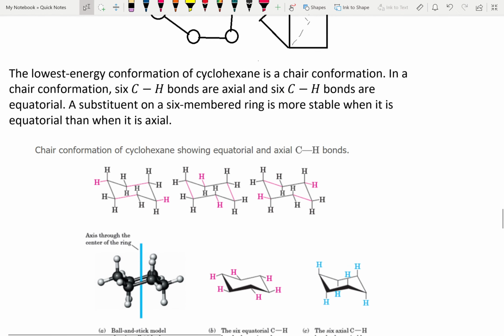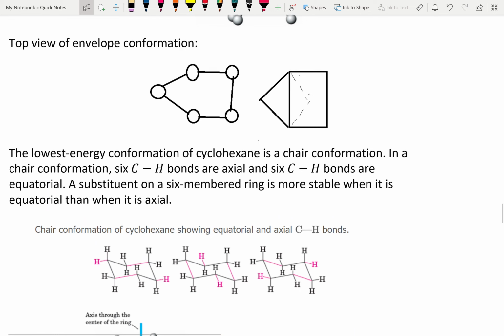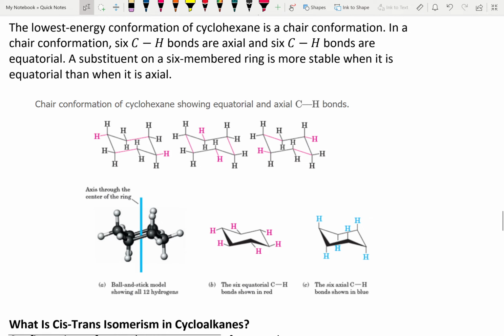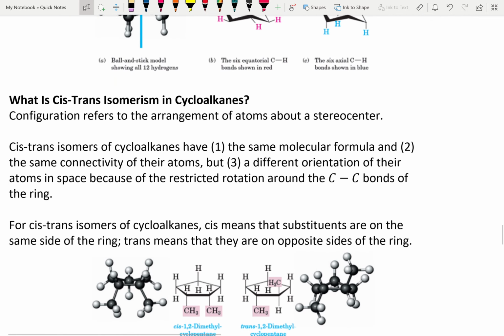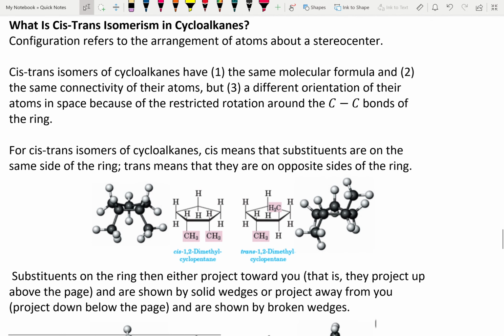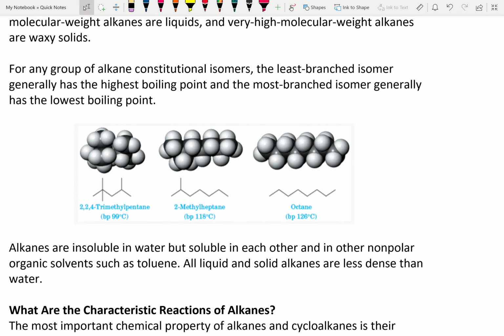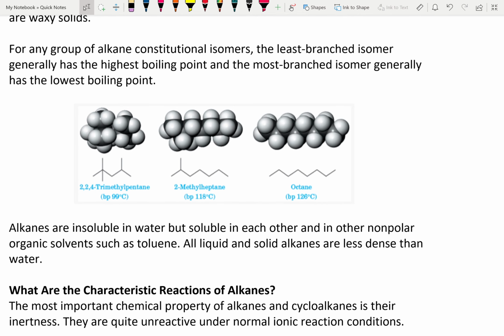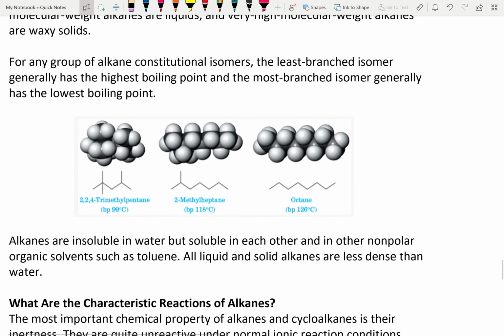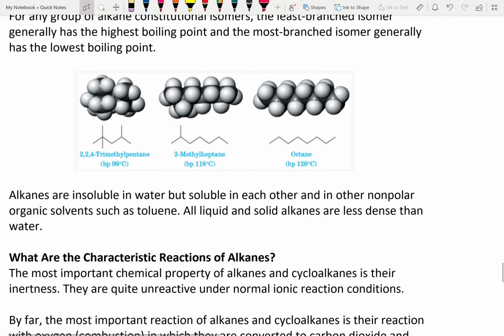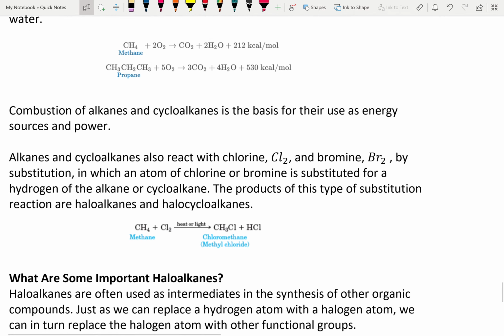Other naming, so these are the envelope conformation, the chair conformation. Okay, so I think this is one of your homework problems. To name the, but you guys can just see that. Any other namings?